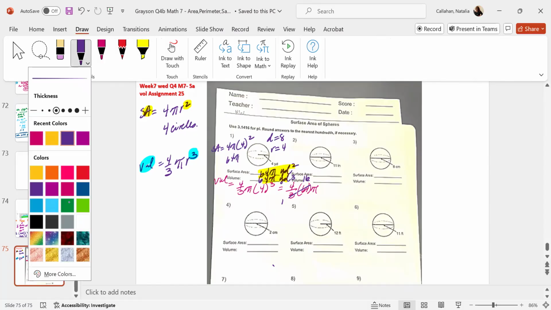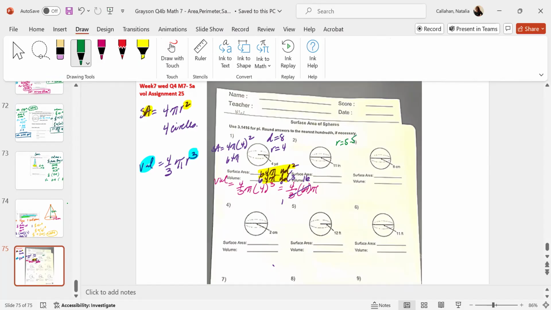Number 2, what's your radius? My radius is half of 11. Which is what? 5.2? 5.2 would be 10.4.